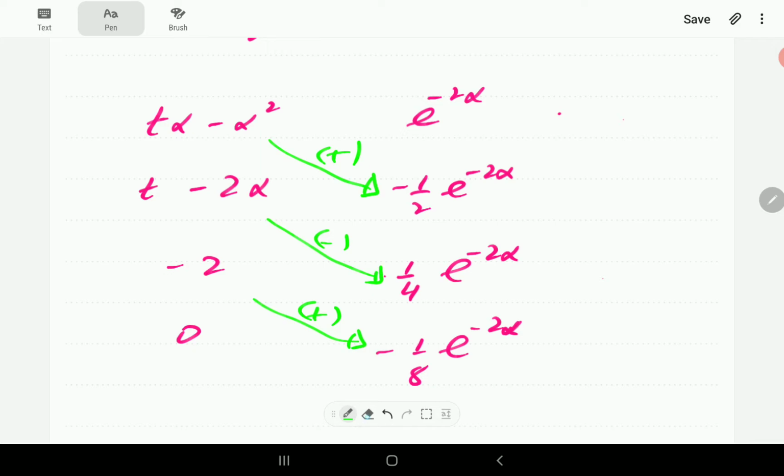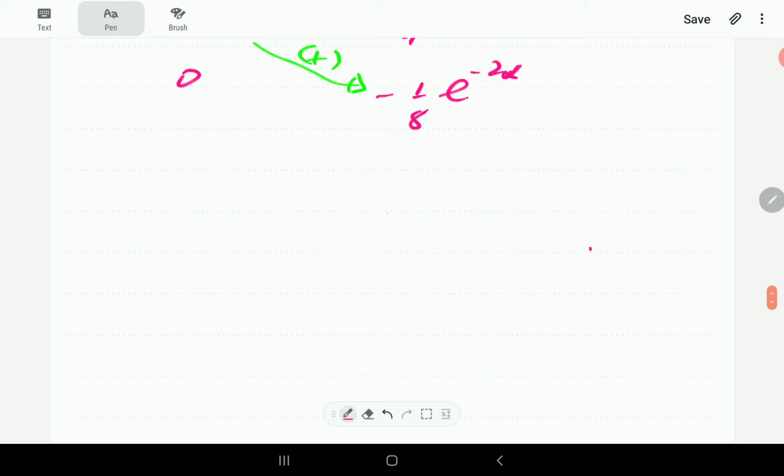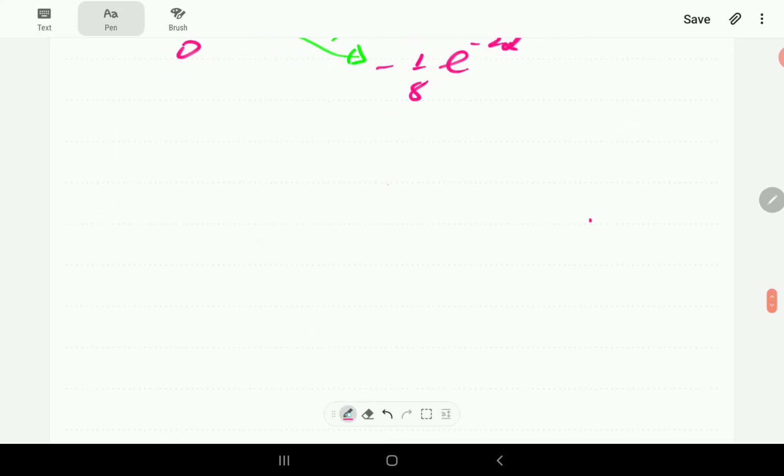So we're going to notice that this is negative, this is negative, and this is the only one that's positive. So what we can do is this.